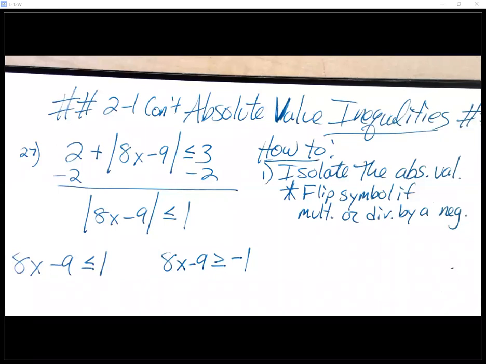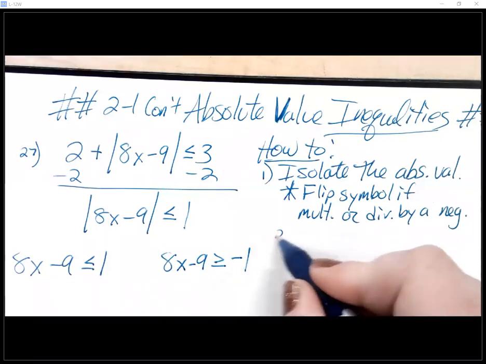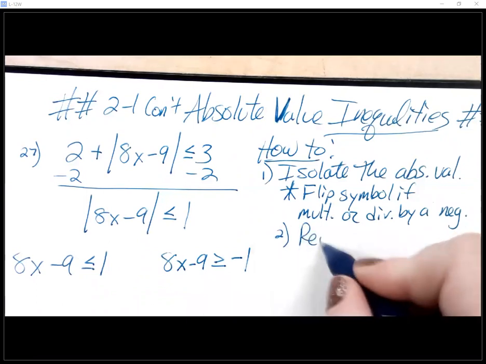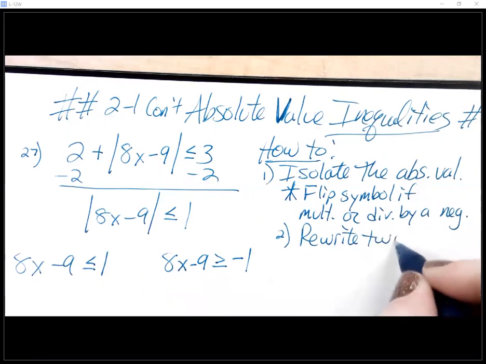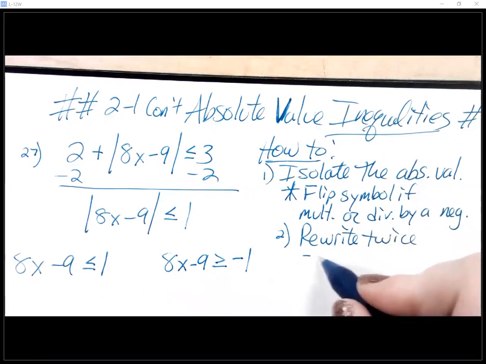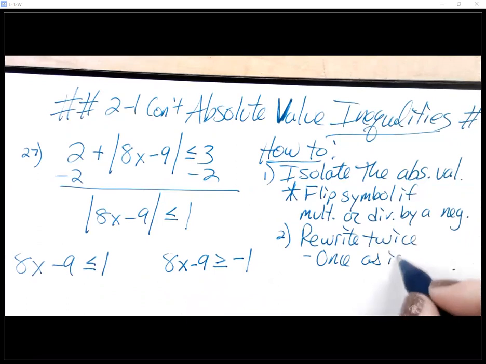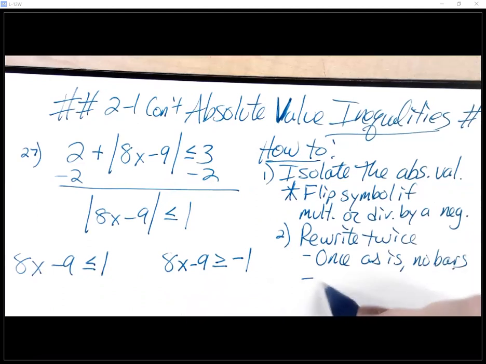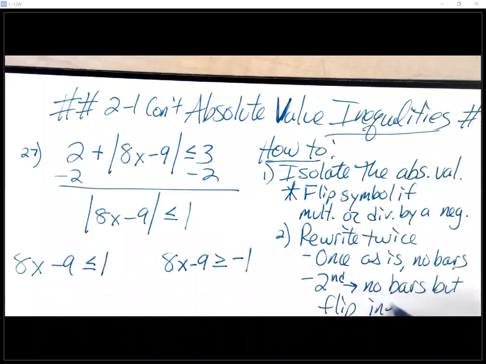Okay, so let's put that in words. So rewrite twice. Once as is, no bars. And then the second time, no bars, but flip inequality symbol. And you have to do both. Take opposite.